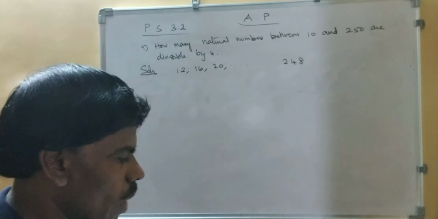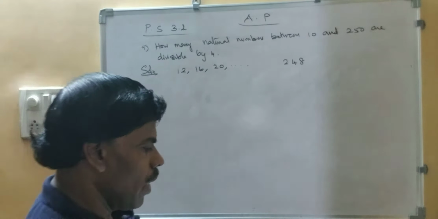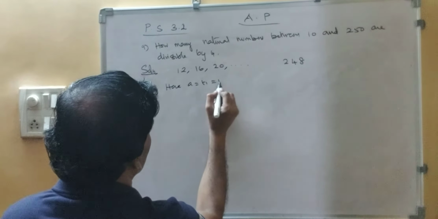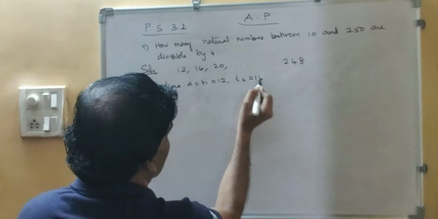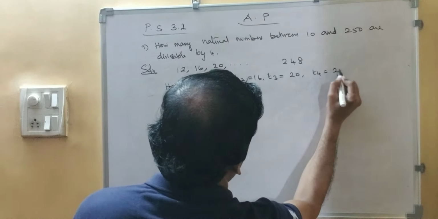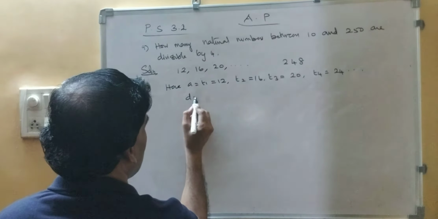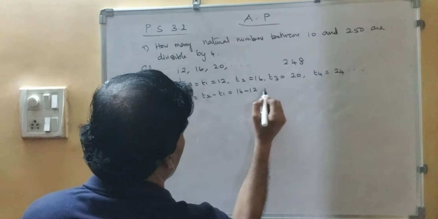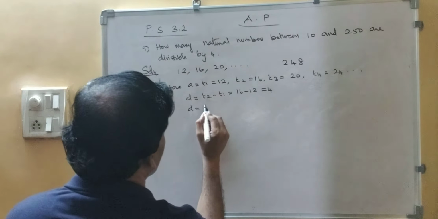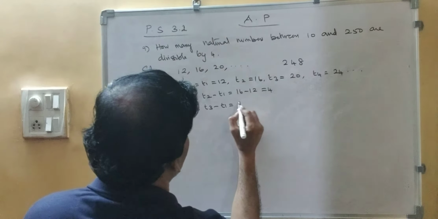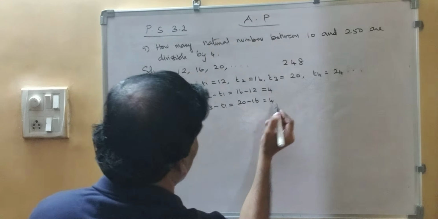248. Okay. Now listen very carefully. Here A equal to T1 equal to 12, T2 equal to 16, T3 equal to 20, T4 equal to 24, etc. Therefore, D equal to T2 minus T1 equal to 16 minus 12 equal to 4, and D equal to T3 minus T2 equal to 20 minus 16 equal to 4.